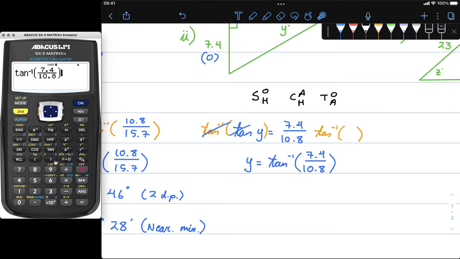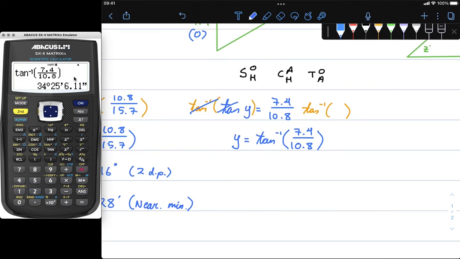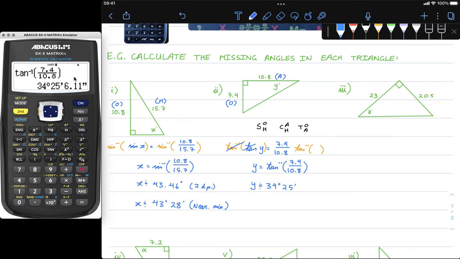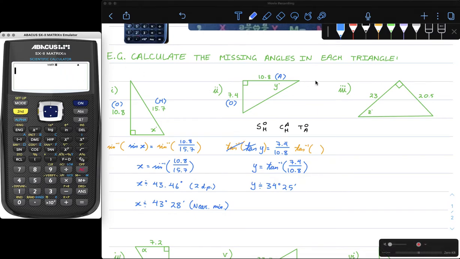Closing the brackets, pressing equals, and for this example, I'll always round it off to the nearest minute. So it will become y is approximately, because we're rounding it to the nearest minute, 34 degrees and 25 minutes. And that's essentially it.